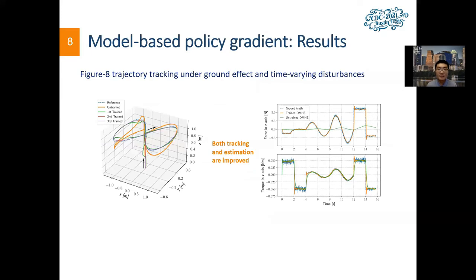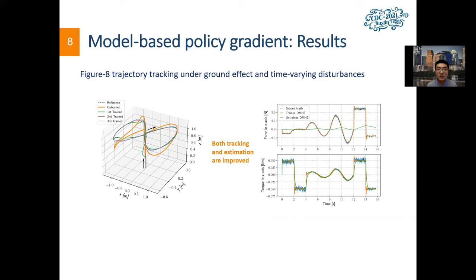We evaluate the model-based policy gradient algorithm in extensive simulations. We train the DMHE by making a quadrotor take off and follow a figure-8 trajectory under various disturbances. The disturbance estimation figure shows that untrained DMHE responds slowly to time-varying disturbance with large estimation biases and delays.